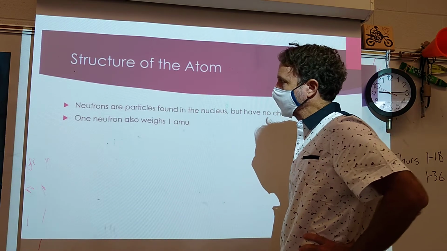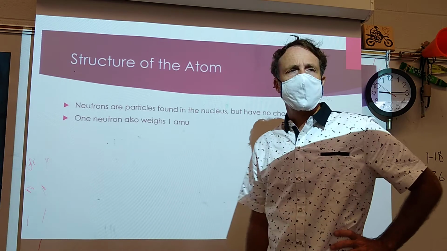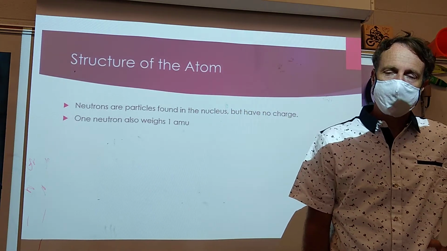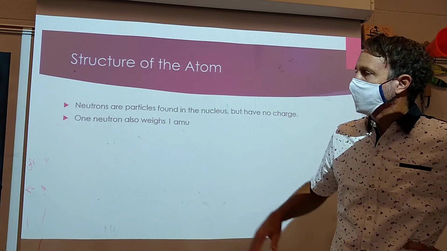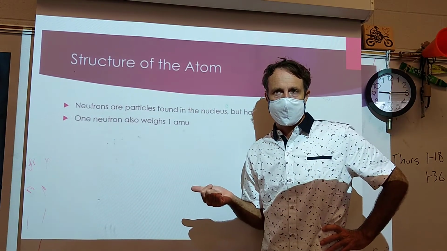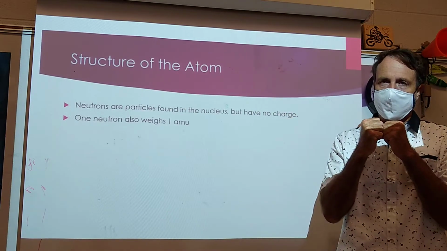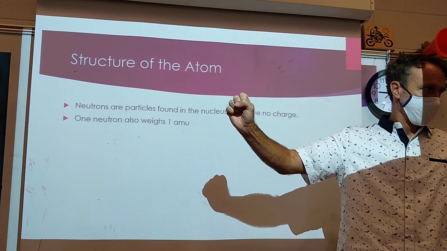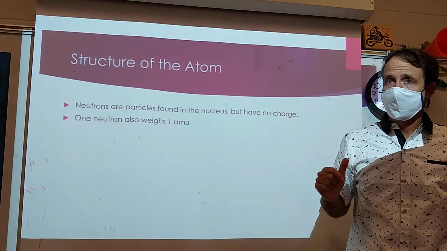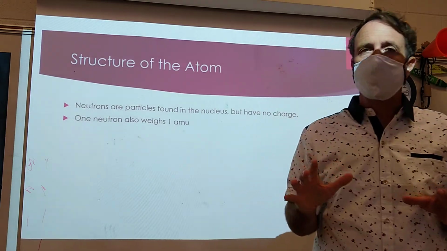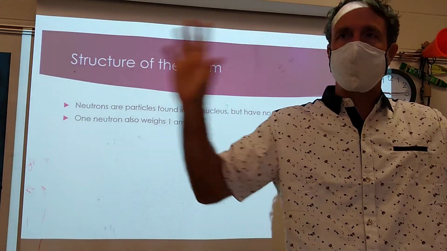They're like, Mr. Perkins, if opposites attract and like charges repel, how can you only have protons and neutrons in the nucleus of an atom? Shouldn't the protons push apart from each other? Does that make sense to you? Shouldn't protons, if you have 2 positive charges, shouldn't those 2 positive charges repel each other?